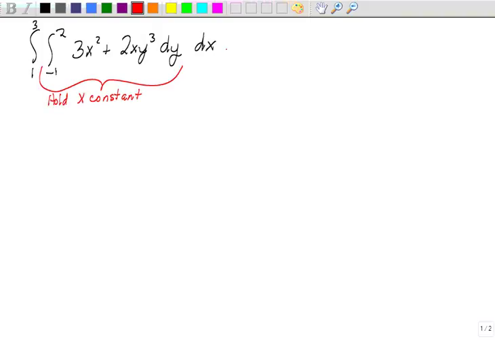Now, don't write equals there because that's not what this double integral is equal to. We're only doing that single integral. So with x constant, we have 3x squared y plus 2x times y to the fourth over 4, from -1 to 2. Now substituting 2 in for y because these are y values.